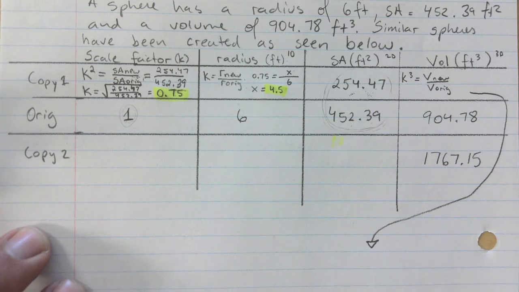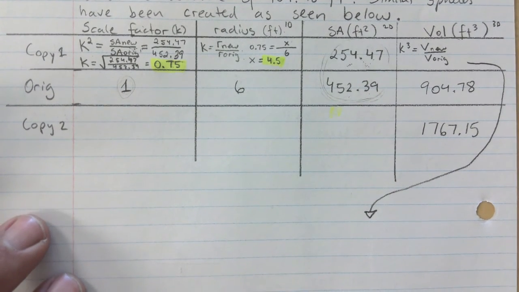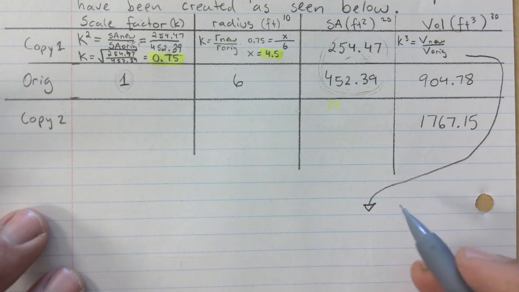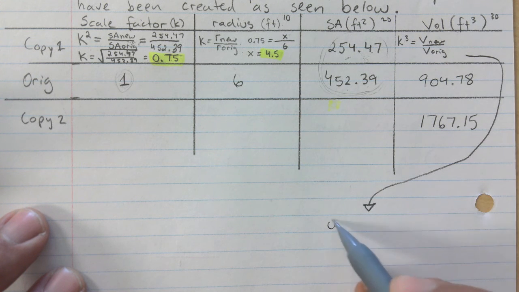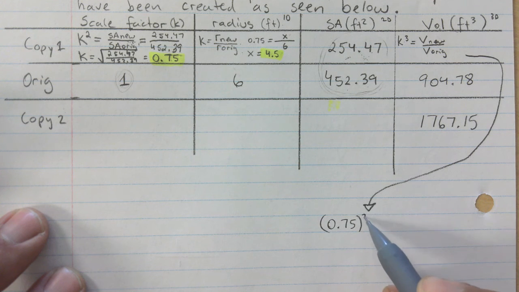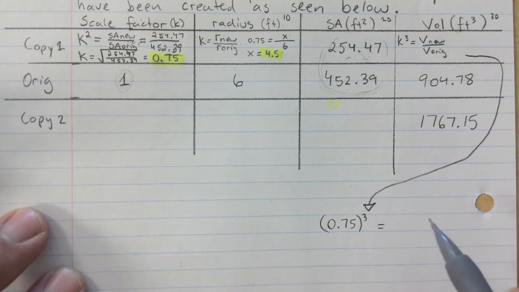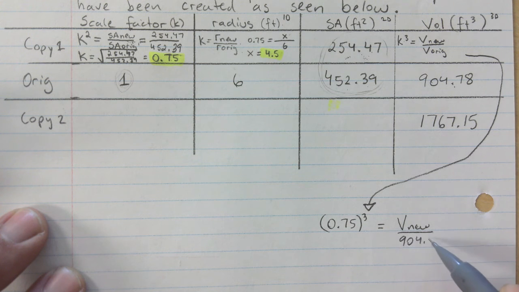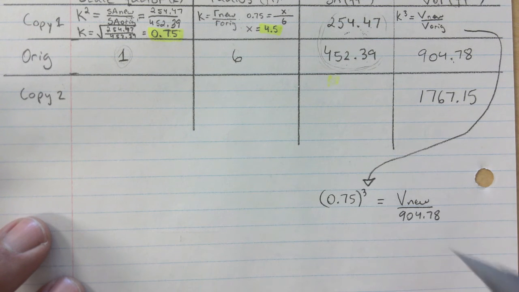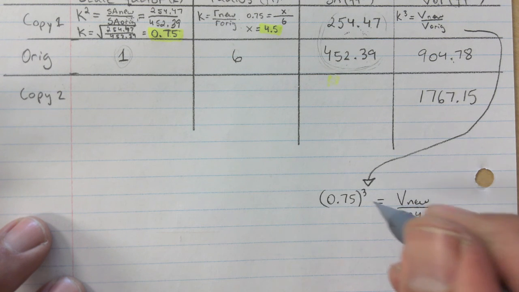Some of you are going to be really upset with me messing up your notes. But this is what you start off with. We know what K is. It's 0.75. We cube it. We don't know the volume of the new, but we're going to find out. We know the volume of the original. And it's basically just this times that.